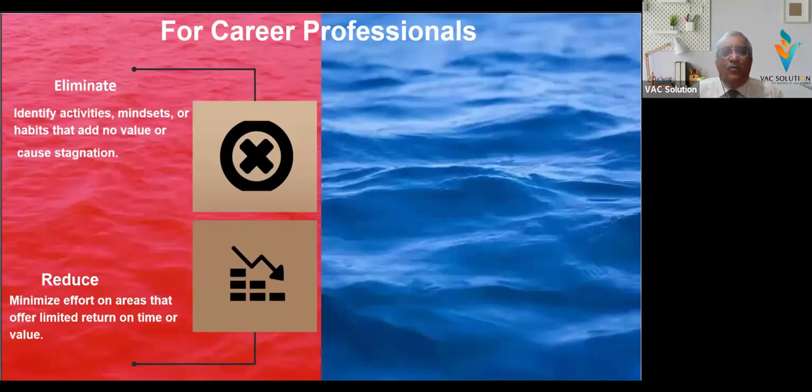Can any one of you tell me one such activity which 99.99 recurring % of the people spend on, which does not give them any return? There are a number of activities, but I want only one from you. Waiting time at hospitals.